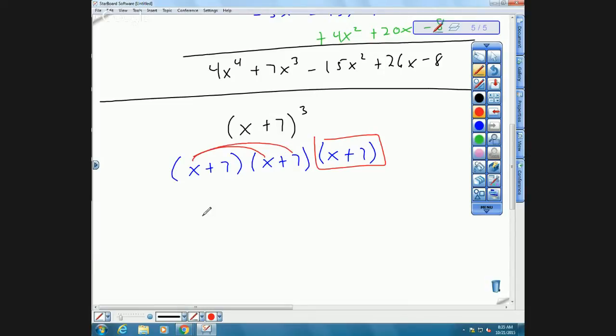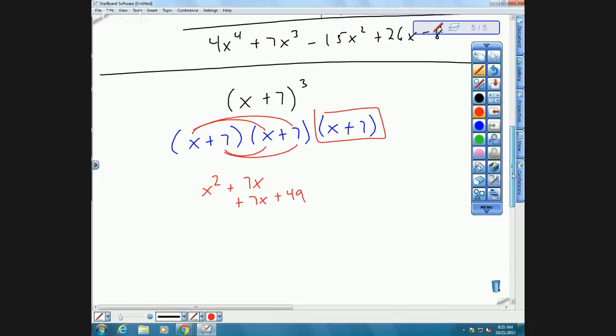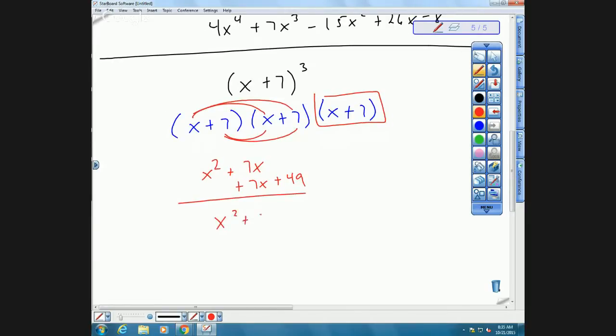So x, FOIL this one would be x squared plus 7x. And then 7x plus 49. So I have x squared plus 14x plus 49. And now let's take that one times the last one, x plus 7. So now I take this x times all 3 of these.